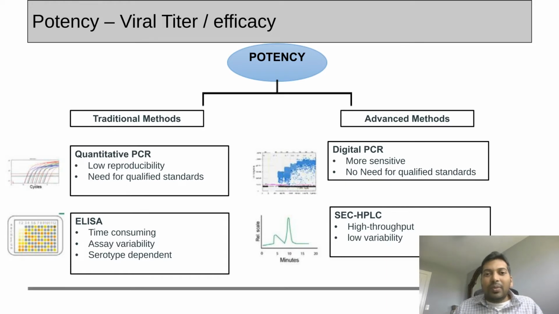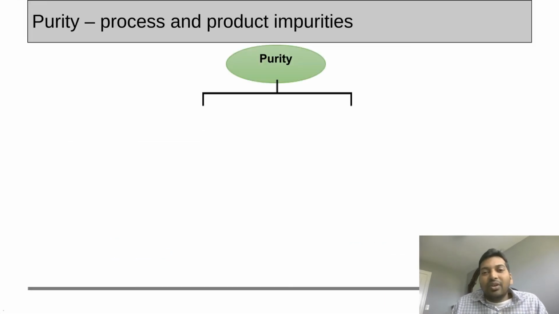So the next quality attribute we can look at is purity. When I say purity, it's more focused on the impurities and the purity of the drug product. The impurities can come from the process as well as the product.